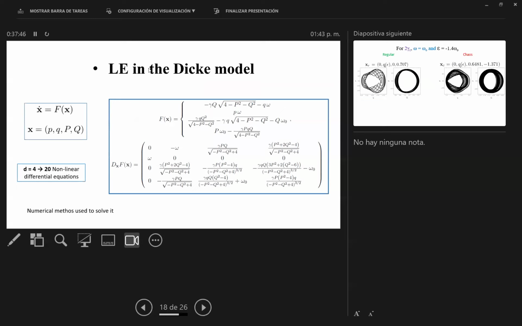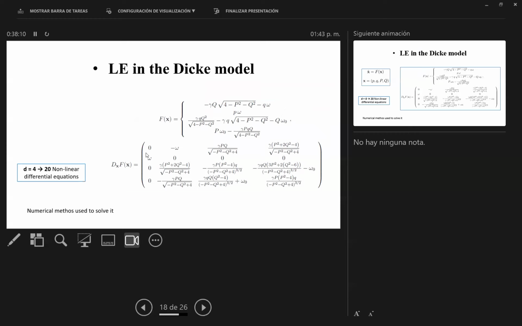In the case of the Dicke system, these are the differential equations that I call F, and this quantity is the Jacobian, which I will use to reproduce the monodromy matrix and get its solution.